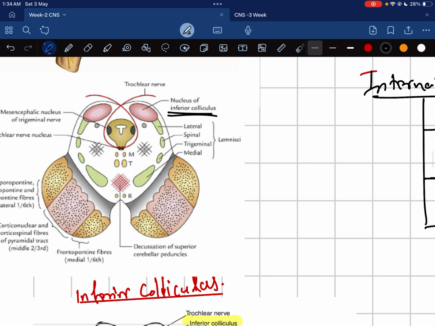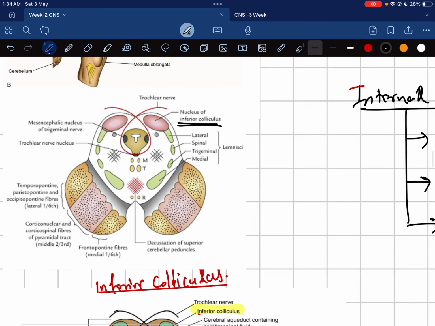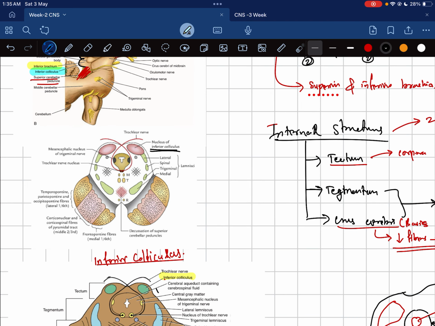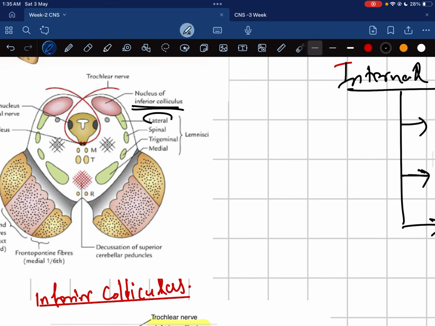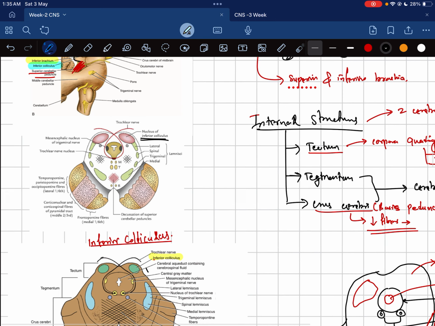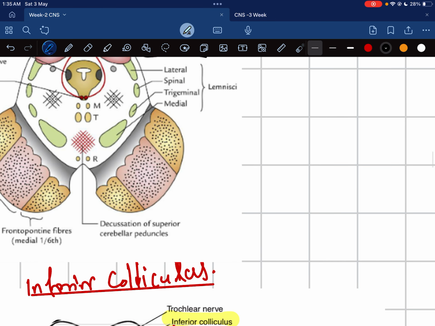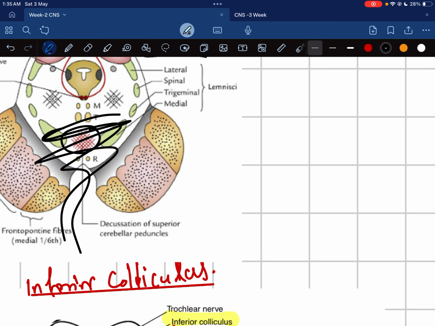At the inferior colliculus level, there is the trochlear nerve, and this trochlear nerve passes posteriorly and crosses. We have already discussed. There is a lemniscus system like lateral, spinal, and medial lemniscus, and the superior cerebellar peduncles.